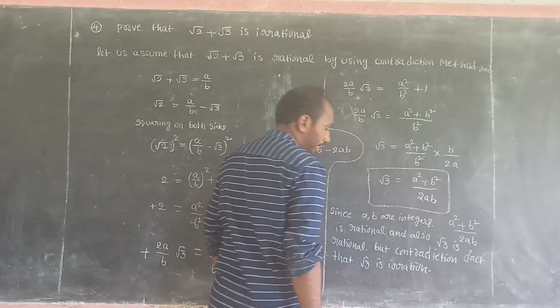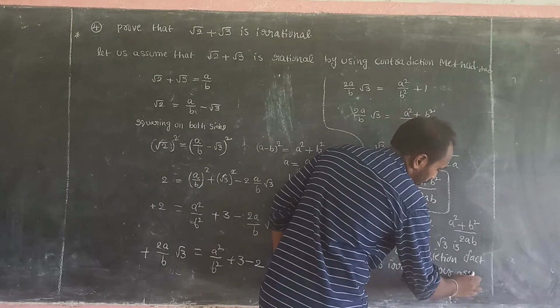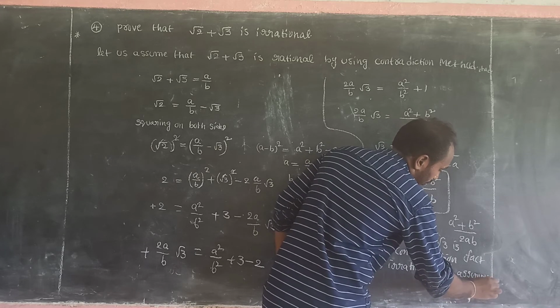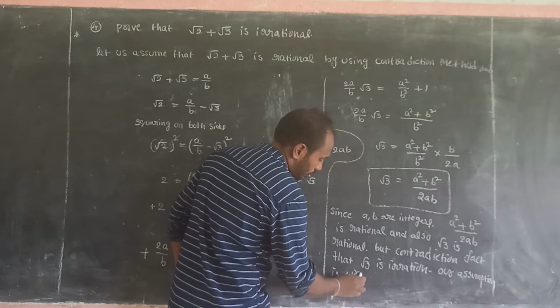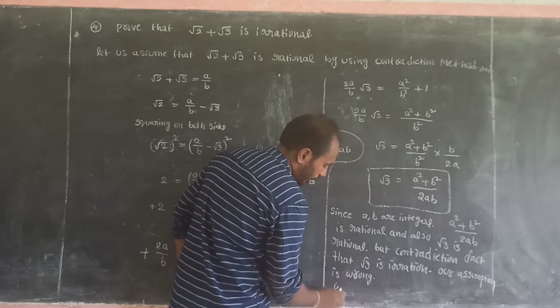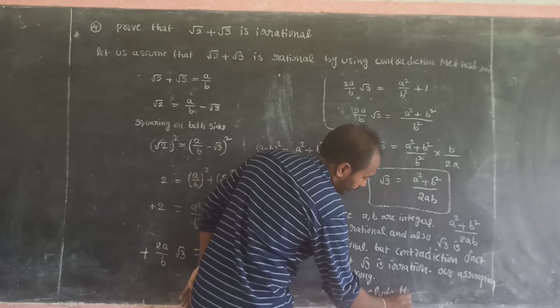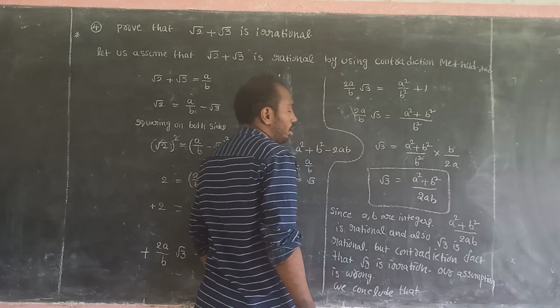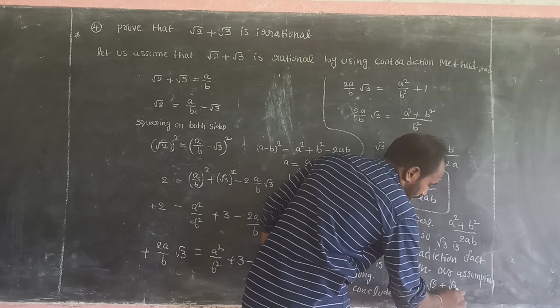Our assumption is wrong. We conclude that root 2 plus root 3 is irrational.